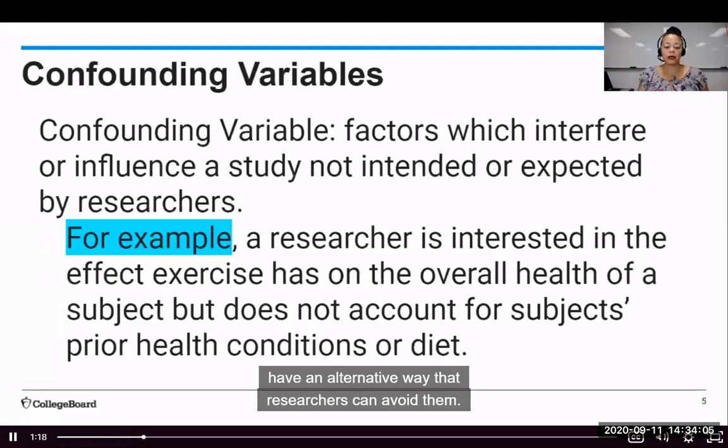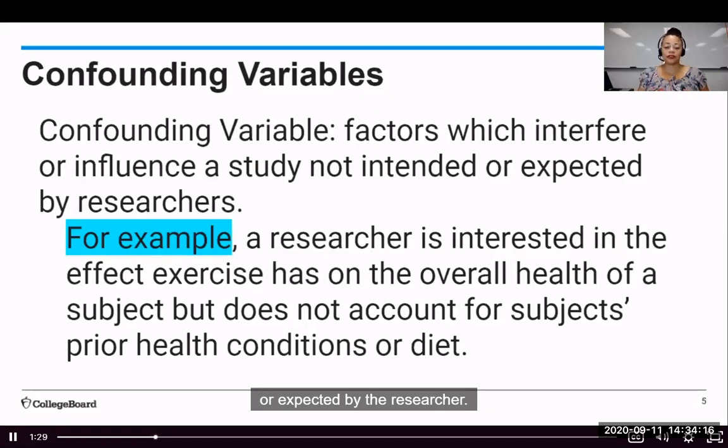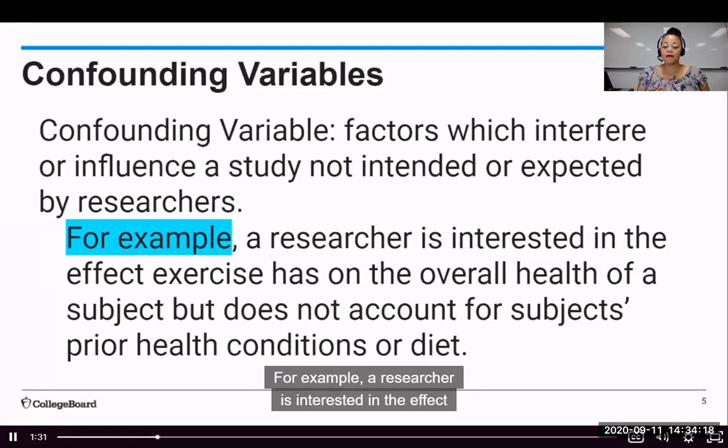So let's start with confounding variables. Confounding variables are factors that interfere or influence a study that was not intended or expected by the researcher. For example, a researcher is interested in the effect exercise has on the overall health of subjects, but did not take into account the subject's prior health conditions or diet.